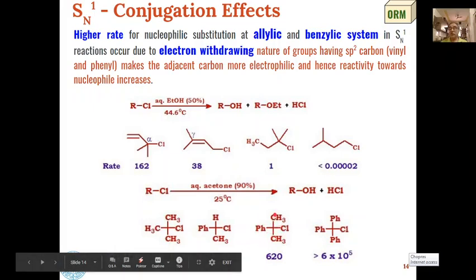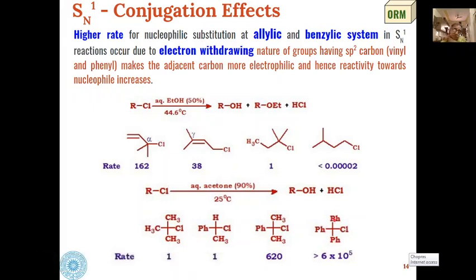Then if we replace these two methyl groups by two phenyl groups, the carbocation formed from this substrate will have 3 phenyl groups, and they will give a more stable carbocation.